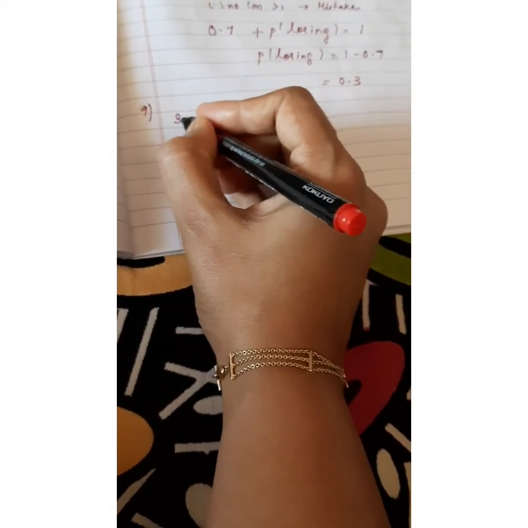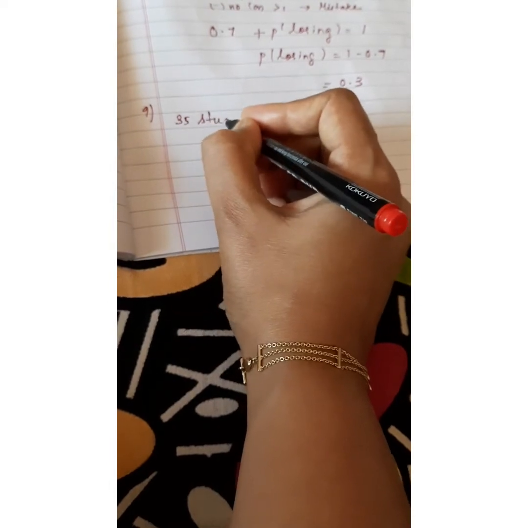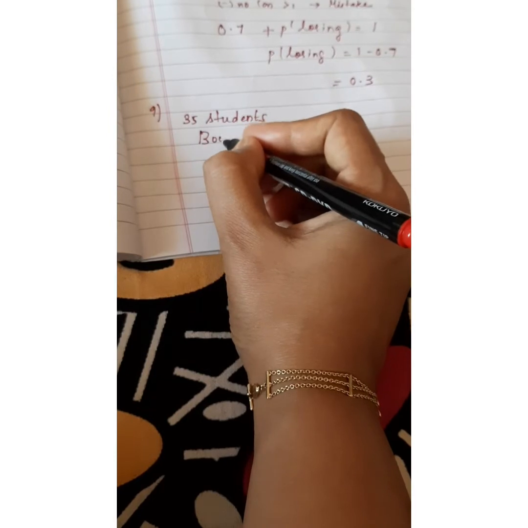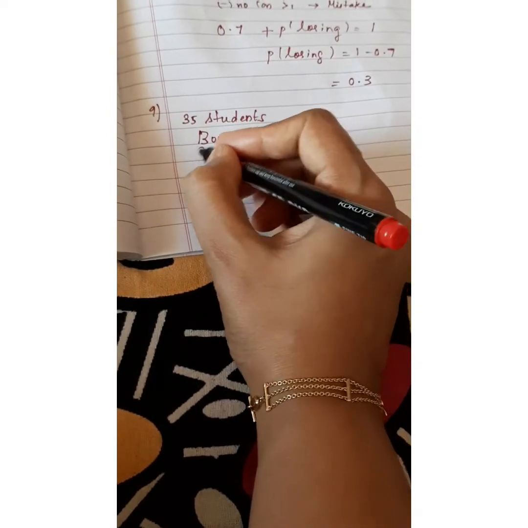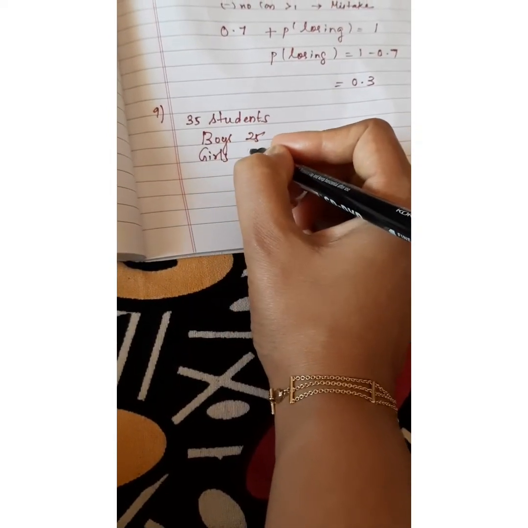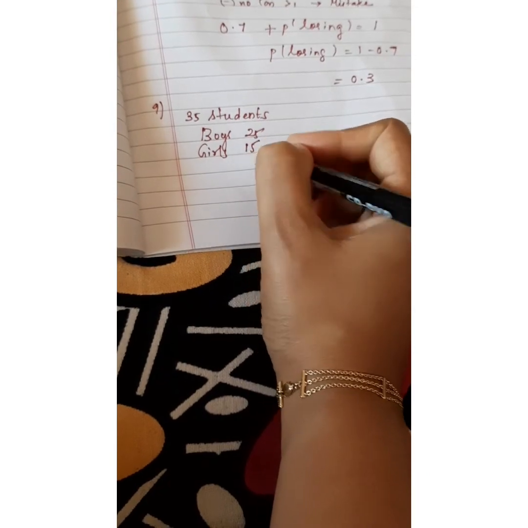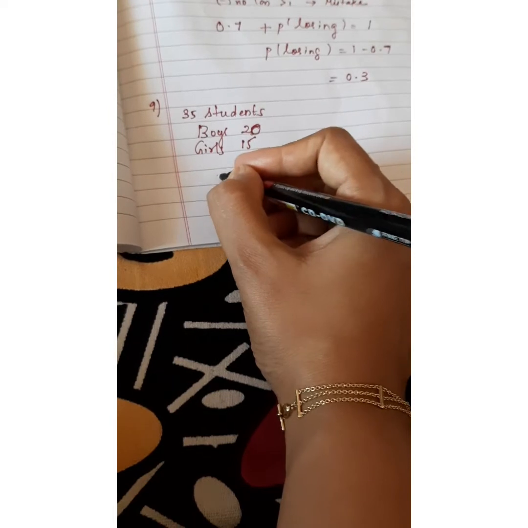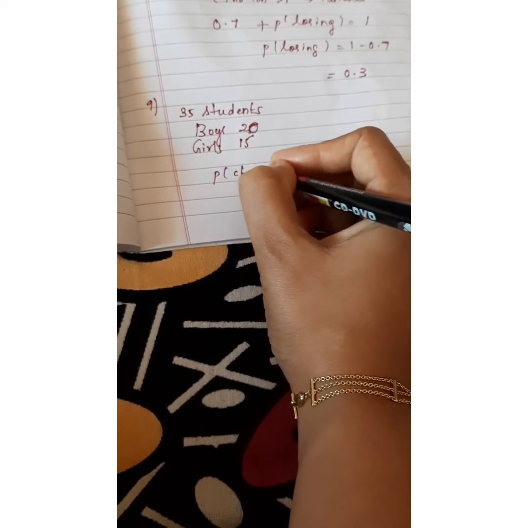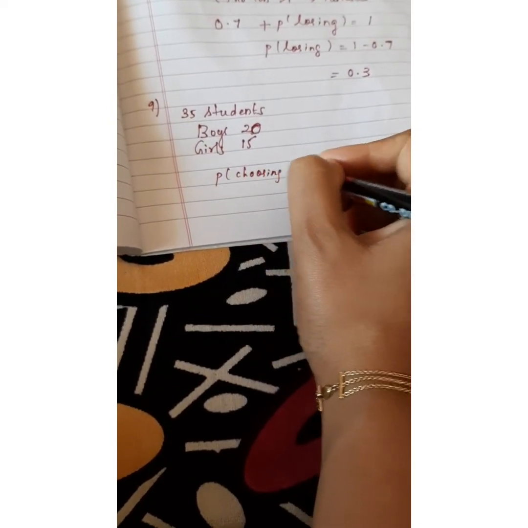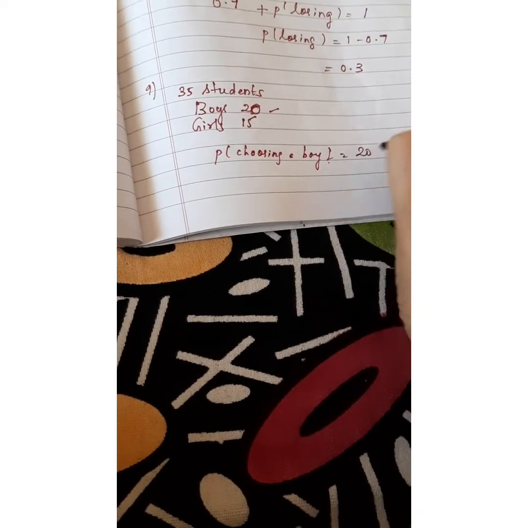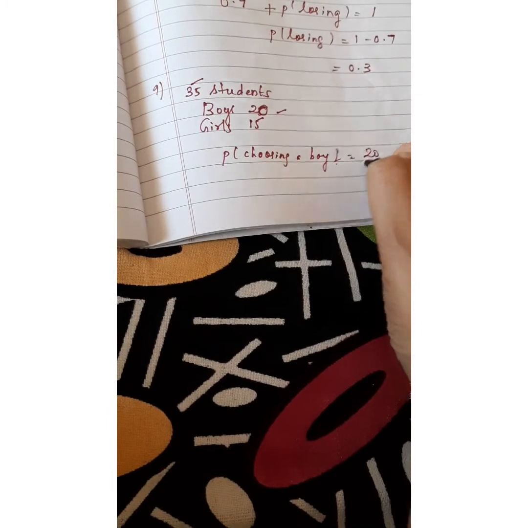Next question 9. We know total number of students is 35, of which 20 boys and 15 girls. So if we were to see what is the probability of choosing a boy, that's going to be 20 by total 35 students.